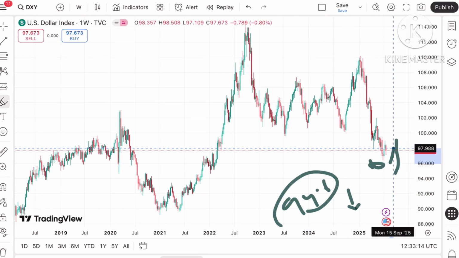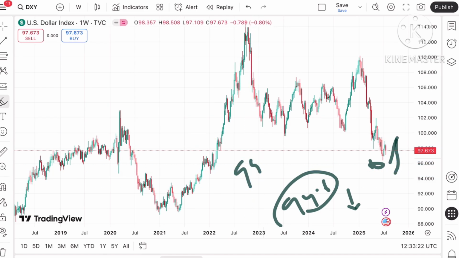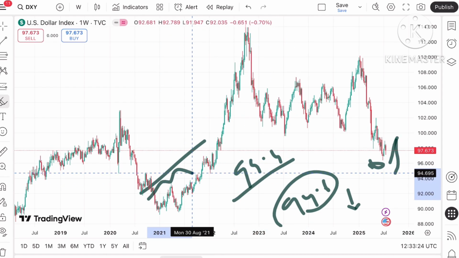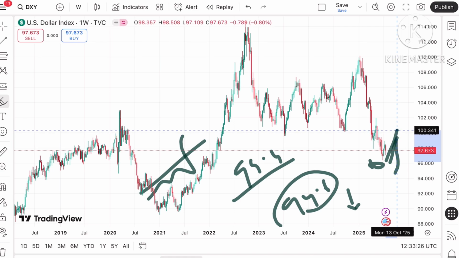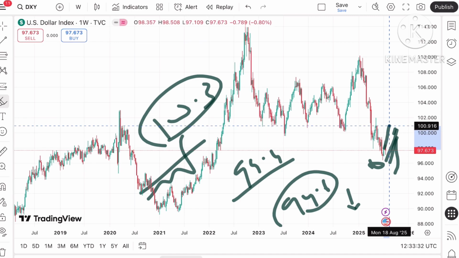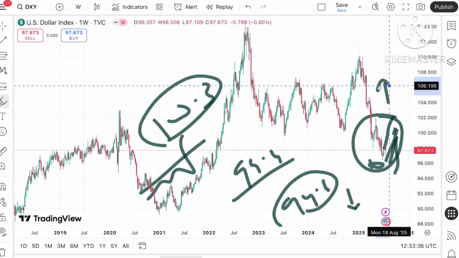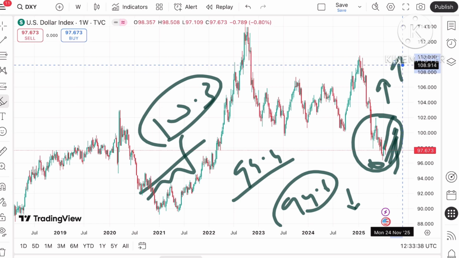But if it starts sustaining this level, it can move towards 97.9, then 98.4, then 98.9, and from there it will move above $99.4, which is already tested, so the price can rise above that level and touch 100.3. Suppose the price moves over 100.3, the probability of touching 100.9 we can see, then a level of 102, and then a further upside can be seen.